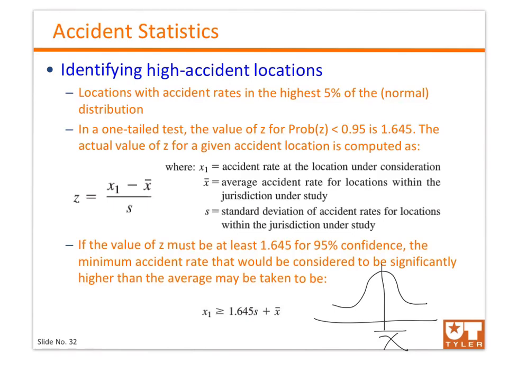If it's right here, that means this distance is 1.645 times the standard deviation. So that means if any location is higher than the average by 1.645 times the standard deviation, this location would need to be looked at because it has a significant amount of accidents compared to the entire city.